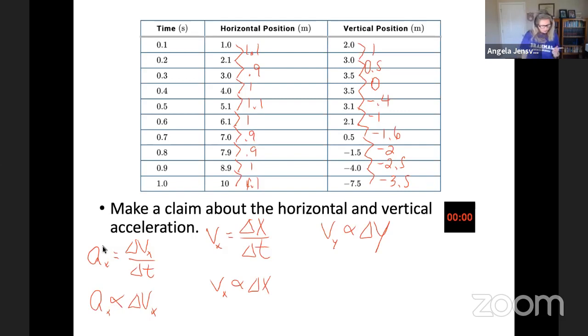Now I'm just going to look over here. I guess I could calculate them. So you might even be able to just look and see, like, I look at this horizontal position and I see the change is almost all the same. So I feel like the displacements are almost the same, which to me says the velocity is pretty much constant and acceleration might be 0.